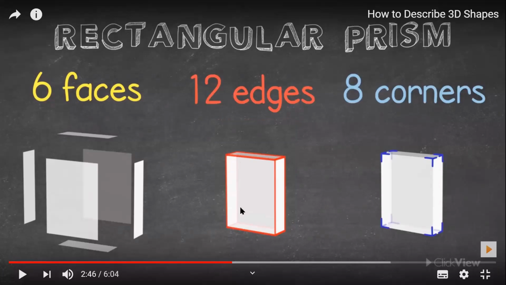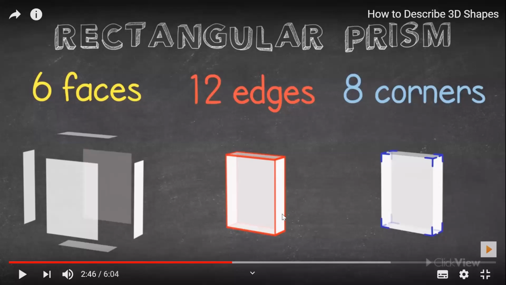Here you see this is a rectangle. As we said, the faces are the sides of it. So let's count them together. 1, 2, 3, 4, 5, 6. 6 faces for the rectangular prism.